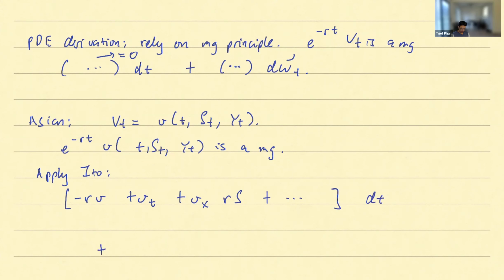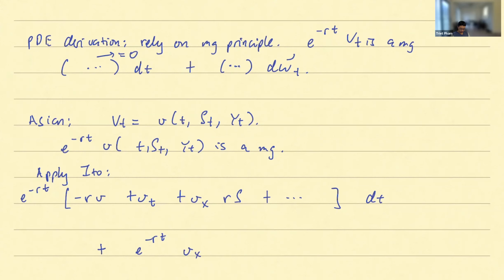And then what do you have? There's an e to the minus rt outside. You have e to the minus rt V_xx, oh, you know what? I missed one thing.